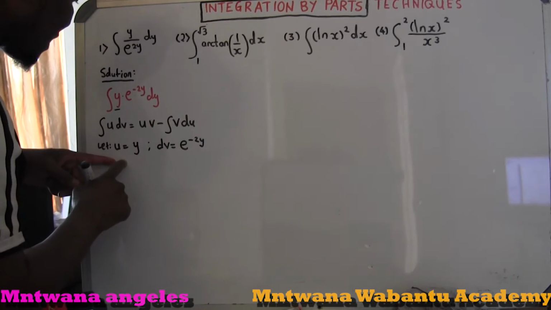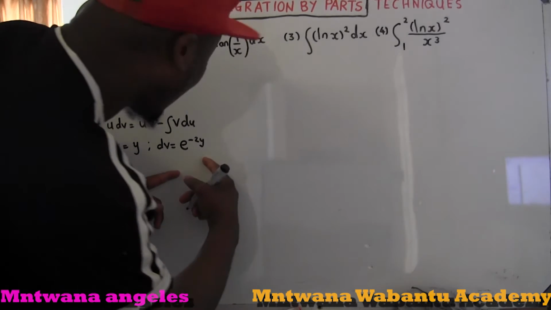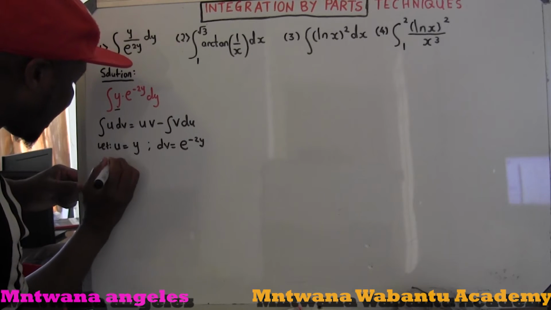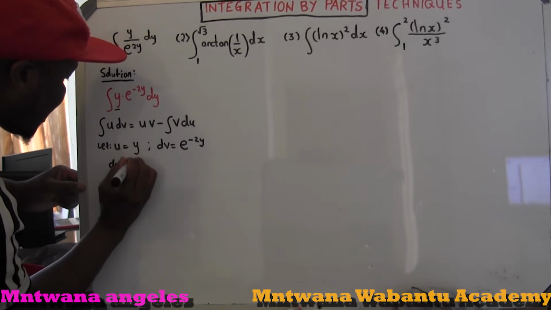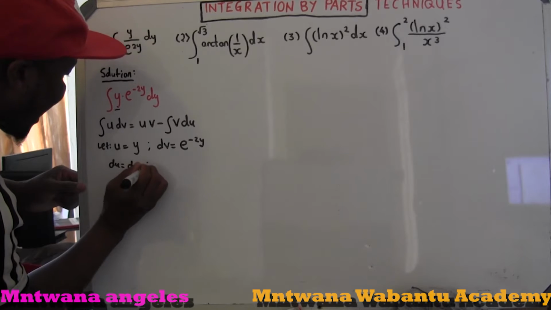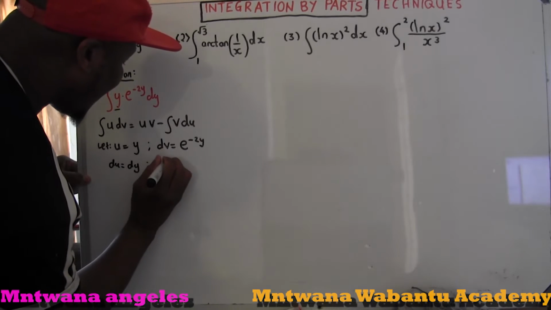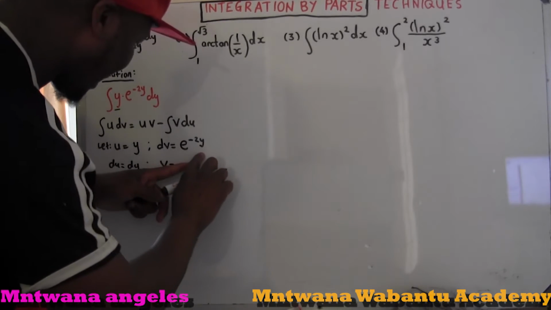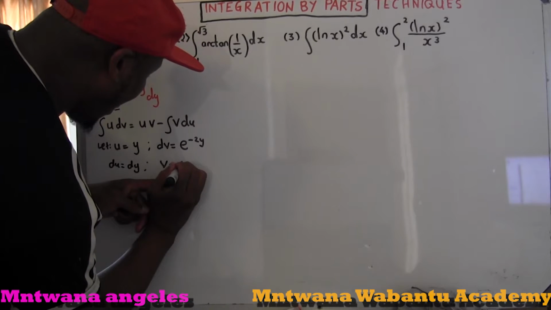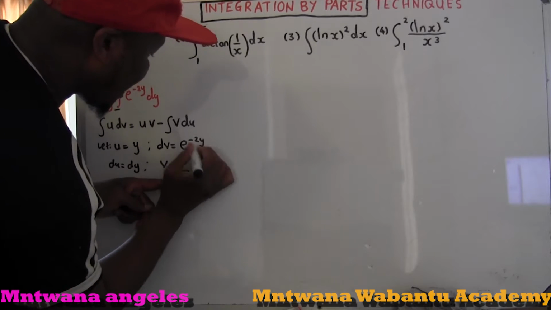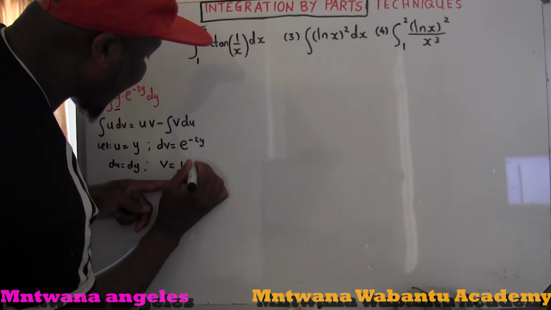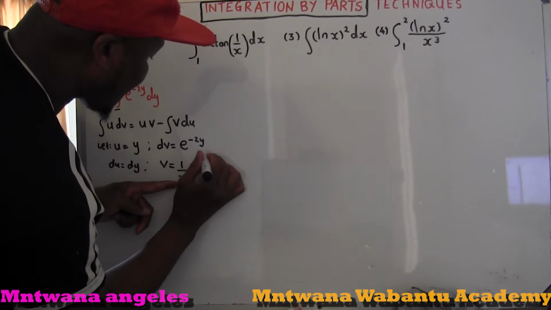I'm going to differentiate the first one and integrate the second one. When I differentiate y, I get du equals dy. When I integrate dv, I get v. Integrating e^(-2y) gives 1 over, and then differentiate what you have here, which gives negative 2, and then write exactly what you have.